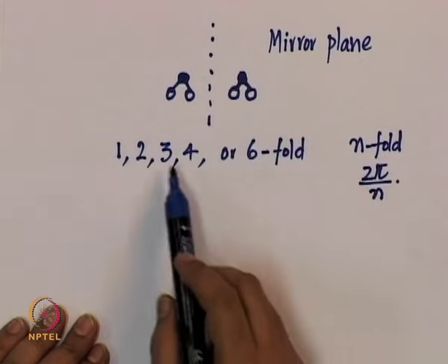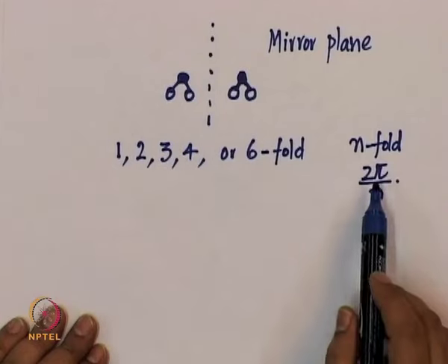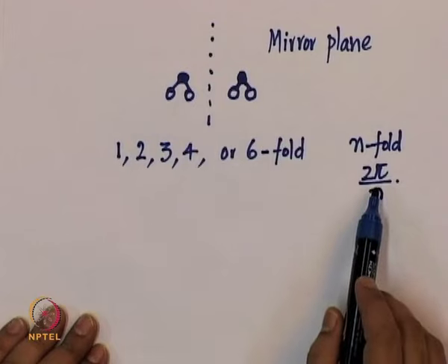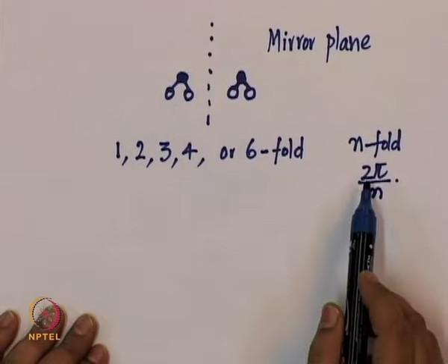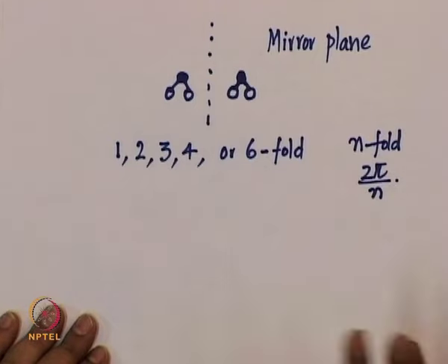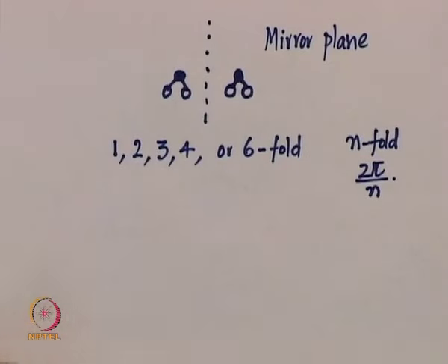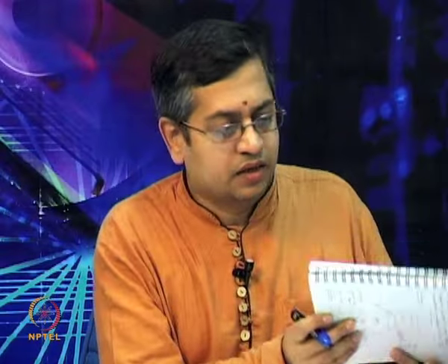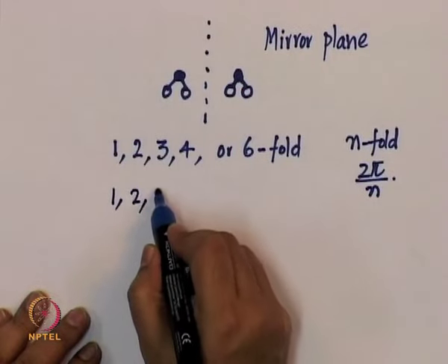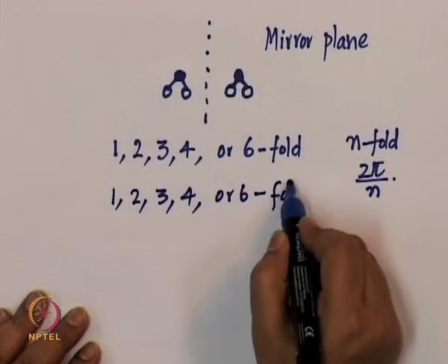In the case of the equilateral triangle, what we had is basically a 3-fold. 4-fold means a 90 degree rotation, and 6-fold means a 60 degree rotation. 1-fold basically means a 2 pi rotation, which means you do not rotate it at all. Then there is what is known as inversion, and those are 1-fold, 2-fold, 3-fold, 4-fold or 6-fold.